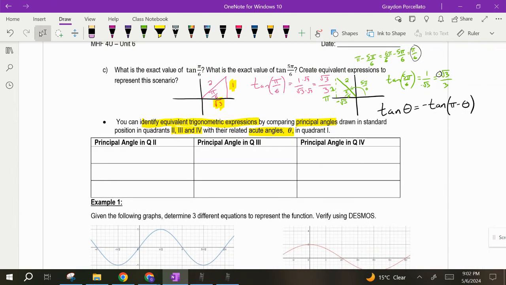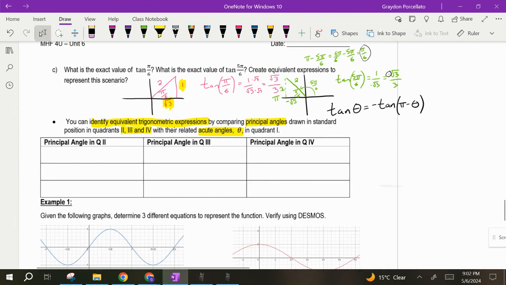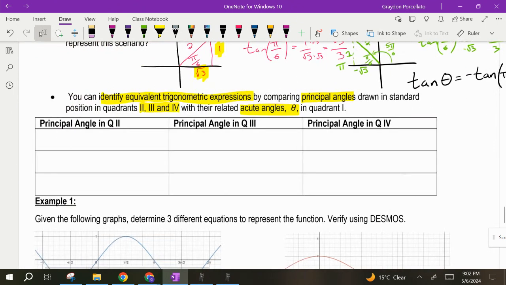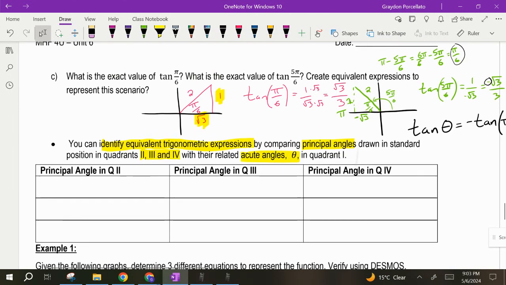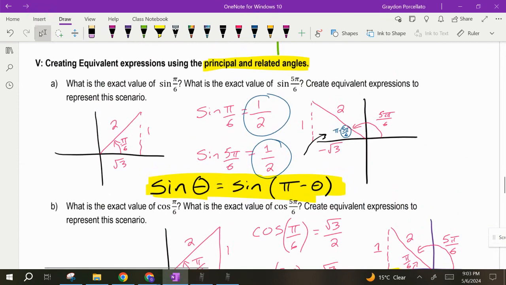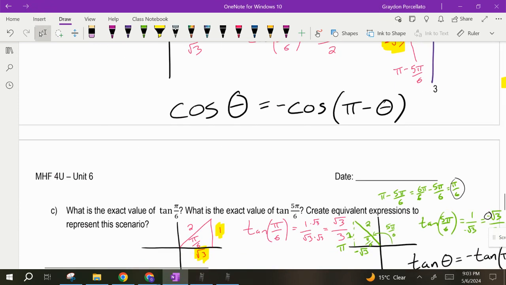I'm going to draw this over on the side here, and then go back to what we had. Now notice that in parts A, B, and C, we're all looking at the angle of 5 pi over 6.